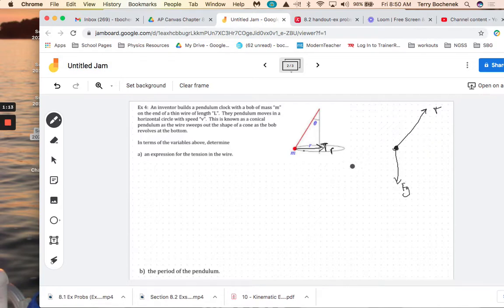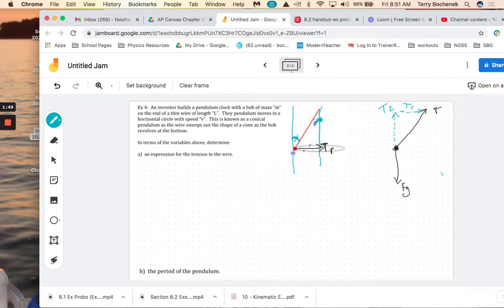So like I did in the previous example with the car, if we think about a coordinate system that has a z-axis, then tension has a z component. And tension also has an inward or radial component. And if we think about where does theta show up in our free body diagram, if I was to draw another parallel line to this one here, then this angle here would be the same as this angle up here.